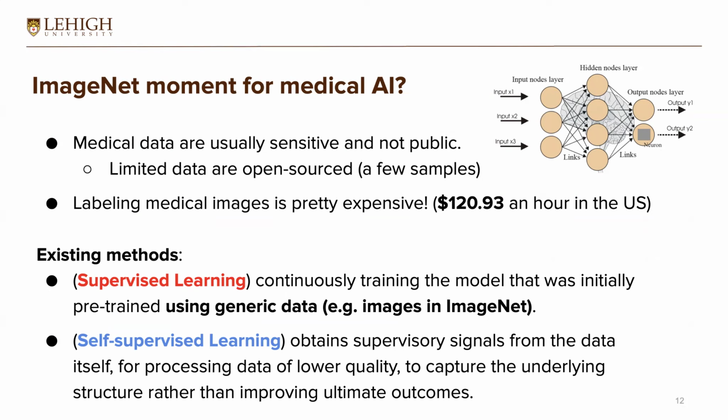But from ChatGPT, we realized that actually, even before ChatGPT, starting from 2018, we had BERT from Google, and then MAE from Meta, Facebook, right? So we realized that self-supervised learning is very powerful.